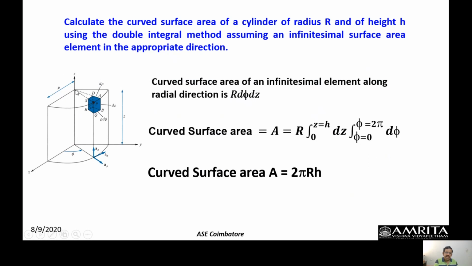And in this case, for example, this is my cylinder. I want to calculate the top surface. Okay, I want to calculate. In this case, the radius is changing, phi is changing, but the height remains constant. So I have to take the corresponding direction to get this surface area. But here, since we are only calculating the magnitude of surface area, we are only taking the magnitude of that corresponding surface area element into play.